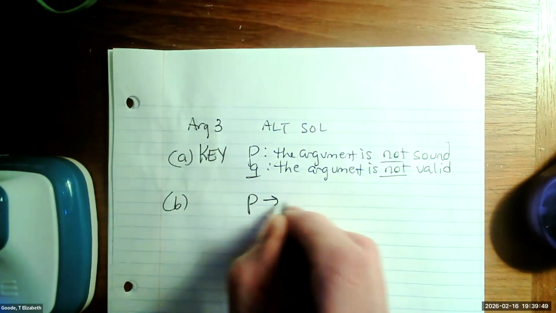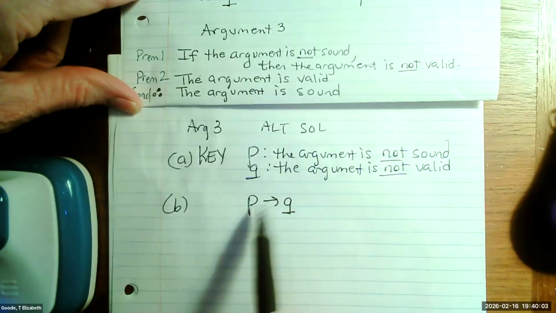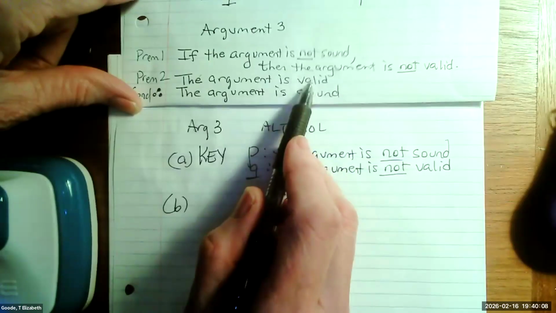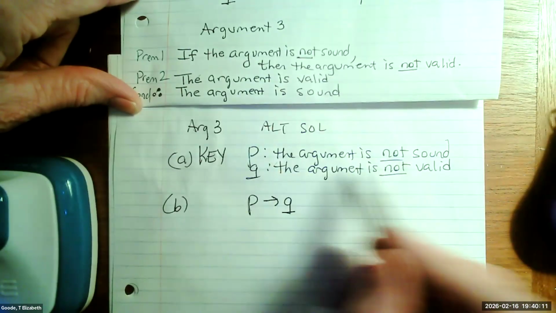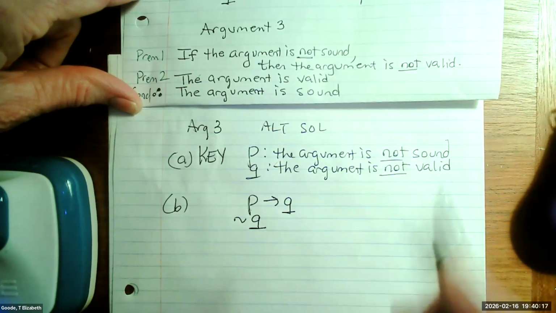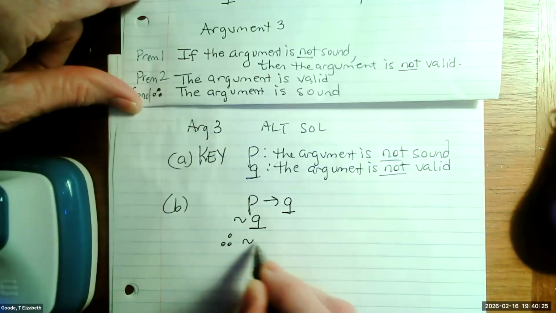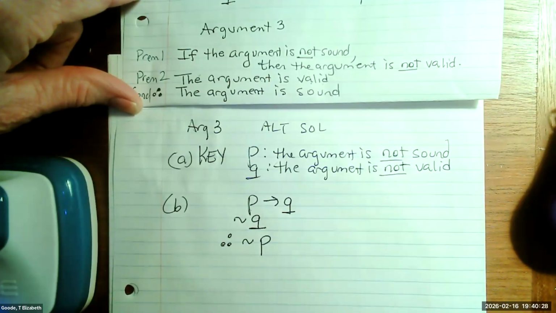It looks like P implies Q, right? Because P is not sound, Q is not valid. And then what's the second premise? The argument is valid. Well, that's the negation of the argument is not valid, right? The argument is valid is the negation of Q and then not P. So you can do it that way as well.